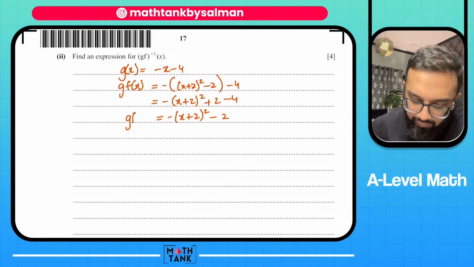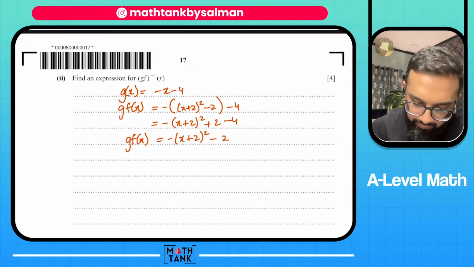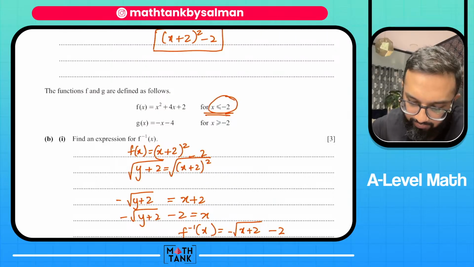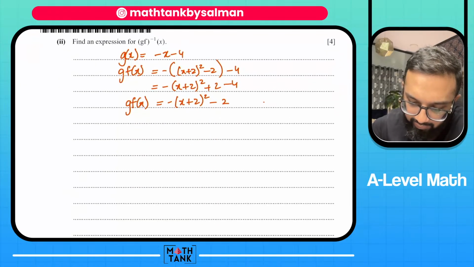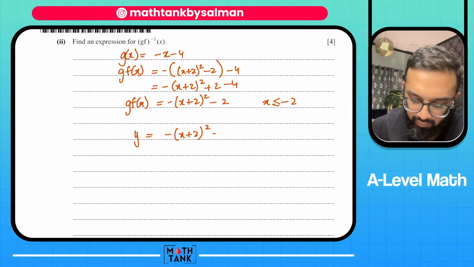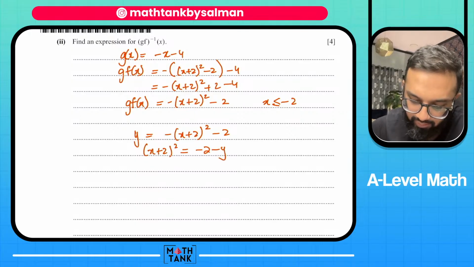Okay, then gf inverse is going to be, gf of x is going to have the domain of the second function. That's also this, so it has the domain of x is less than or equal to minus 2. So y equals minus x plus 2 whole square plus 2, or I can just do x plus 2 whole square equals minus 2 minus y.